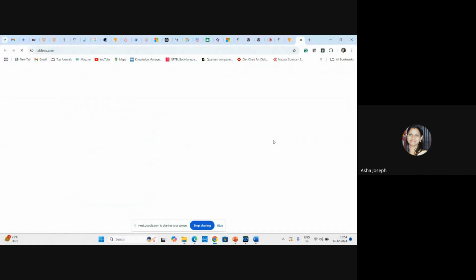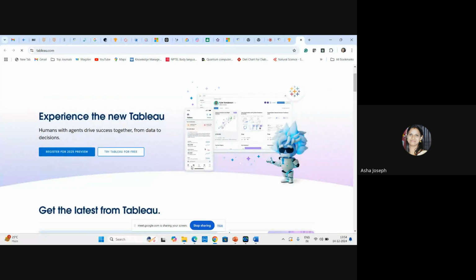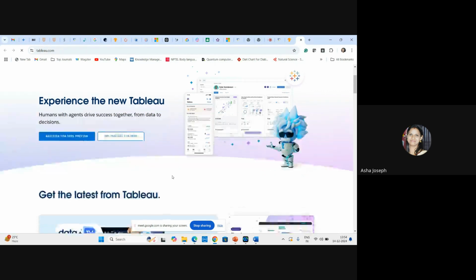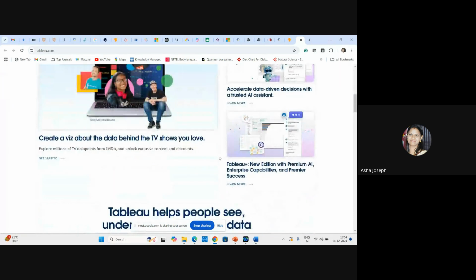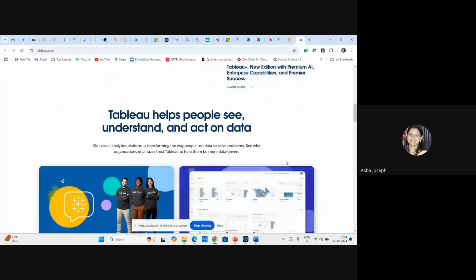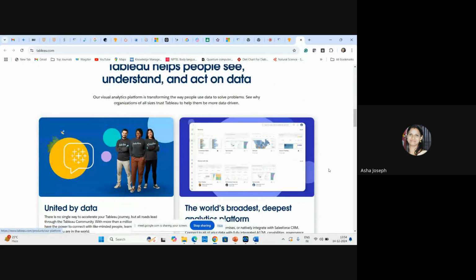Coming to Tableau. This is the site which talks about the new Tableau experience. Here you can register and try Tableau for free. This is another tool you will use for visual analytics, right?